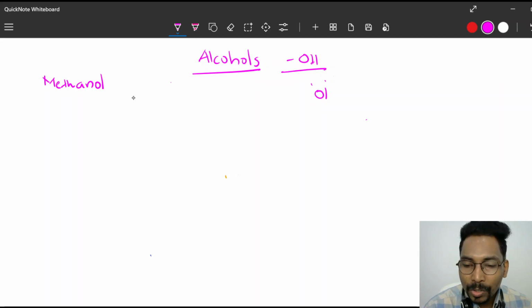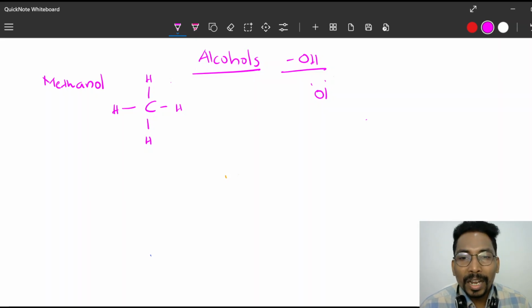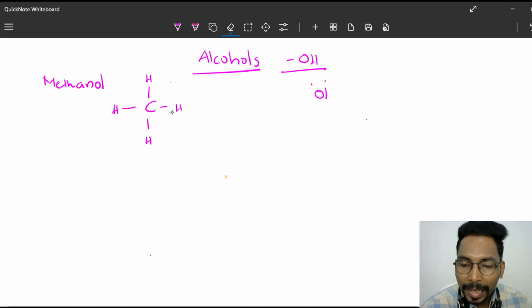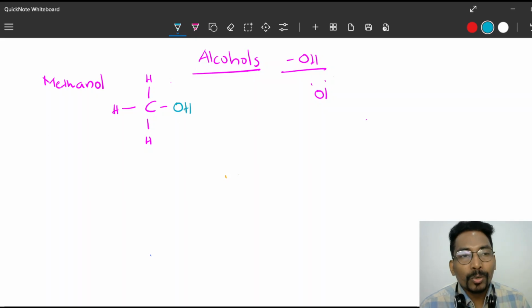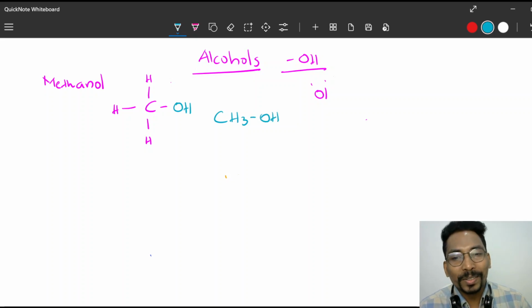We know methane: one carbon and four hydrogen atoms. If I replace one hydrogen with an OH group, this is methanol, one carbon and one OH group. You can write the formula like this: CH3OH, methanol.